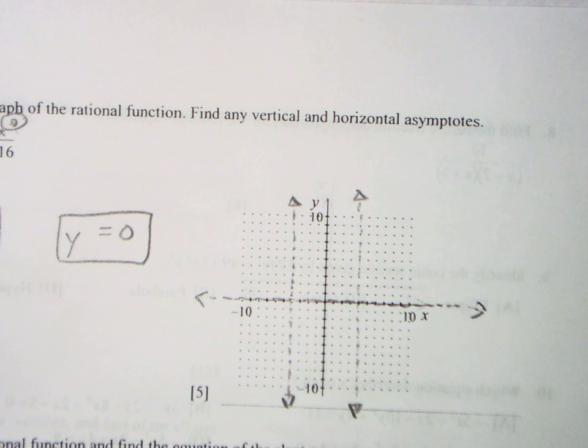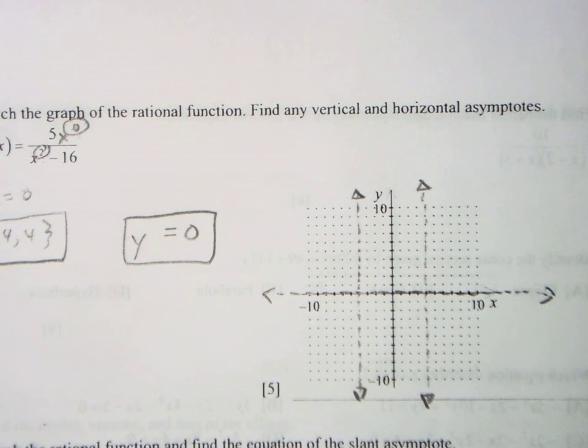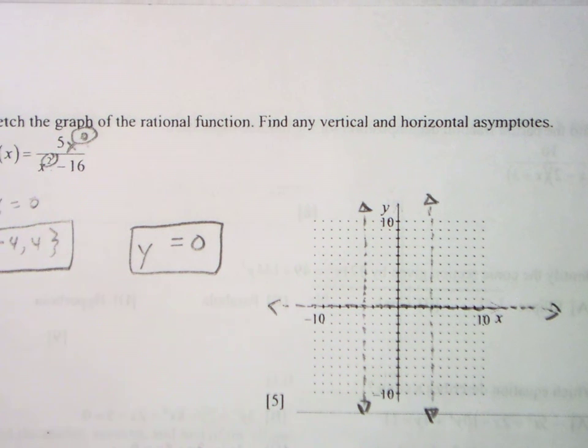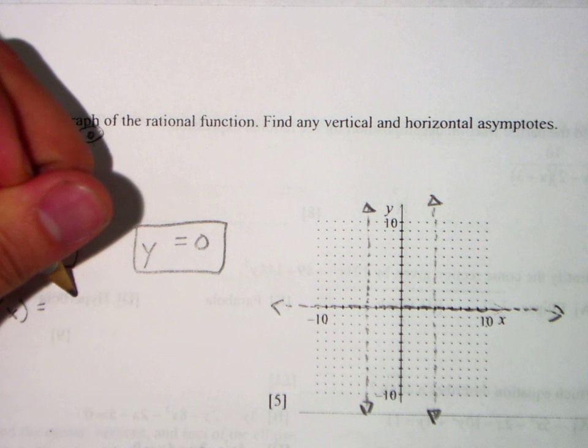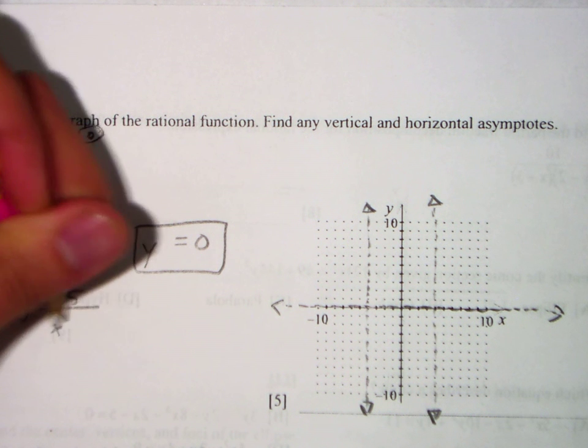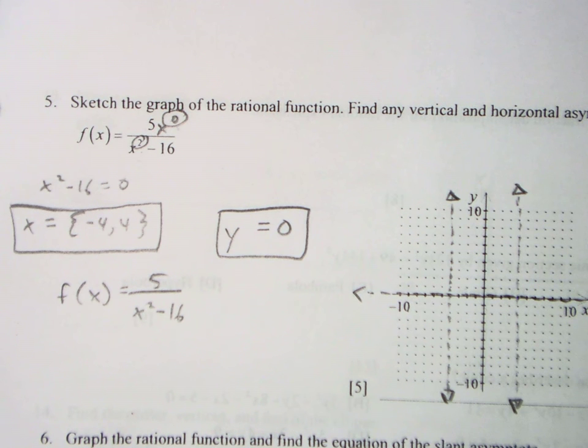Let's go ahead and just start putting in some values for x and y and see what it will look like. Okay, let's go ahead and pick x equals 0. So again, our original equation was f of x equals 5 over x squared minus 16. So let's say I put 0 in there.